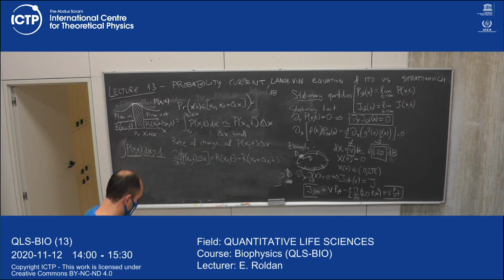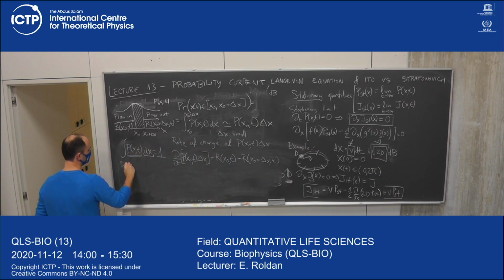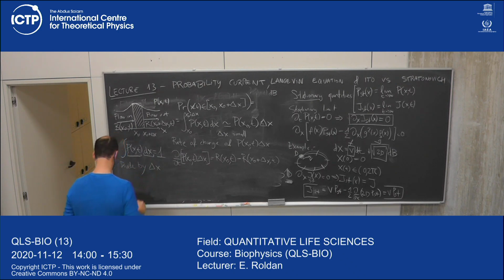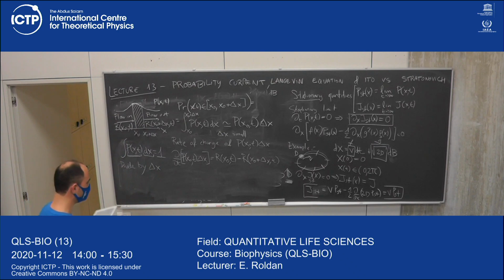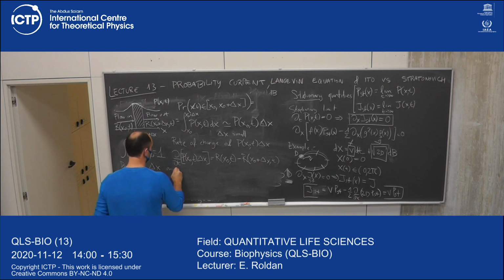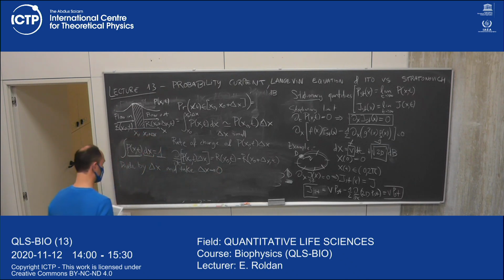And now what I'll do is divide by delta x and take delta x going to 0. If I divide by delta x, I just have the density.